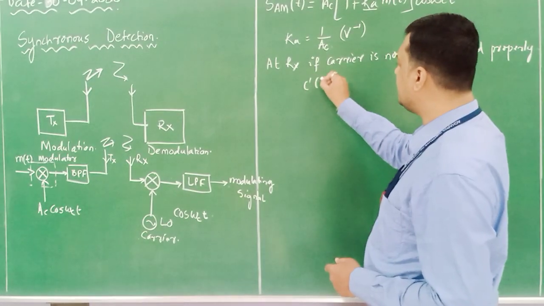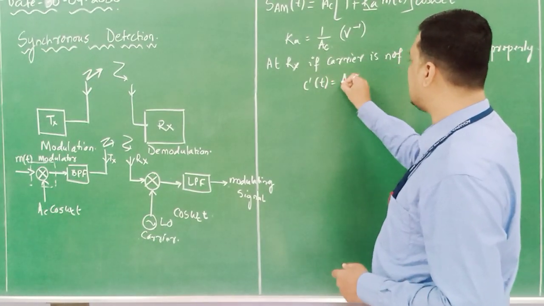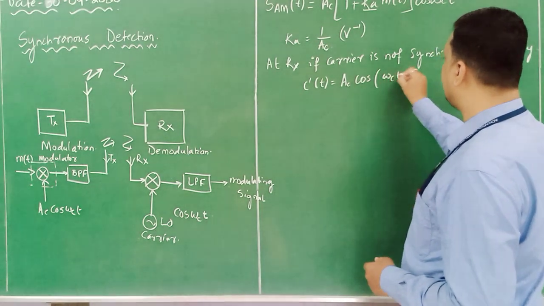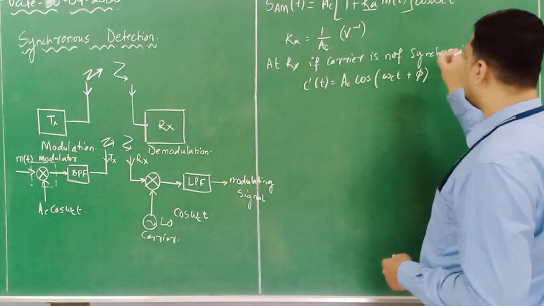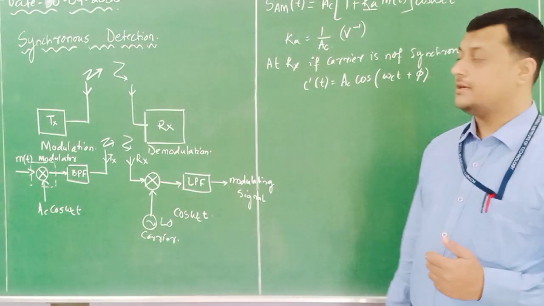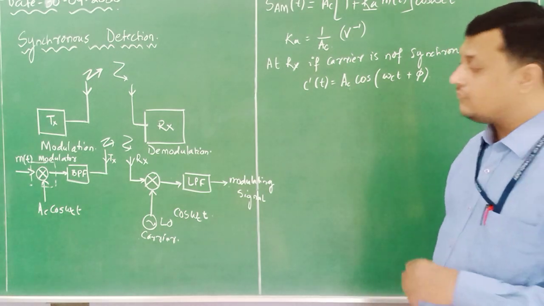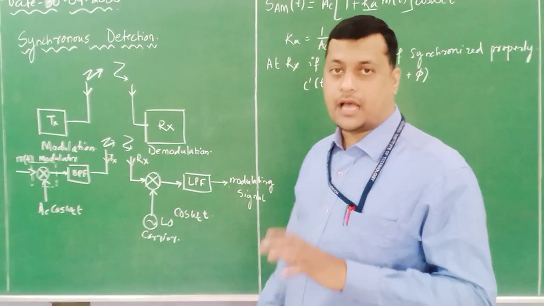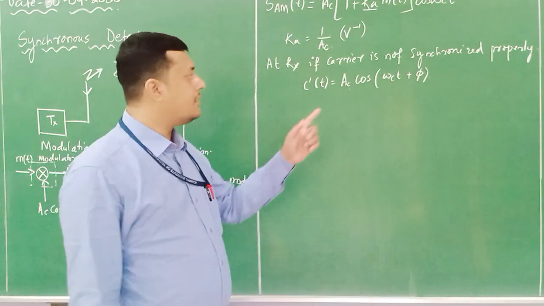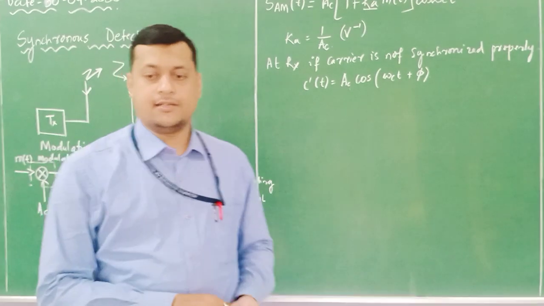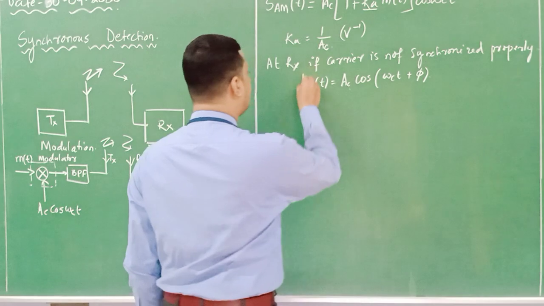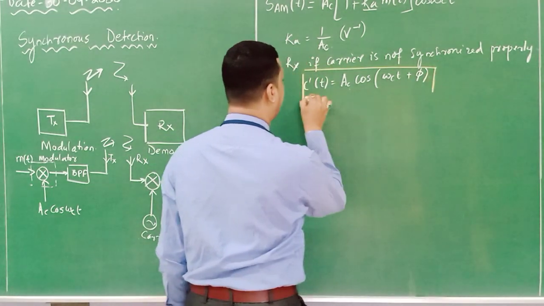Let us consider c'(t) = A_c cos(omega_c t + phi). So this is the phase difference suffered by the carrier component. Now if this is my carrier, then what will my modulating signal be after demodulation? That will come into the picture with the phase difference. Now this is my consideration: the carrier suffers a phase difference.